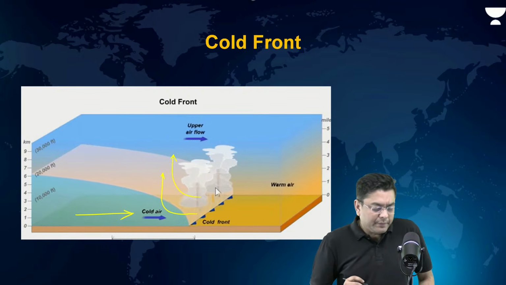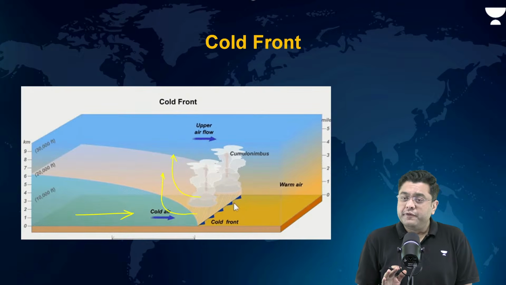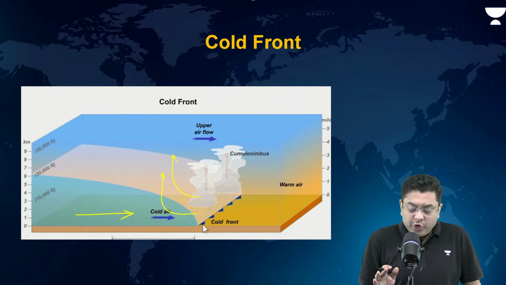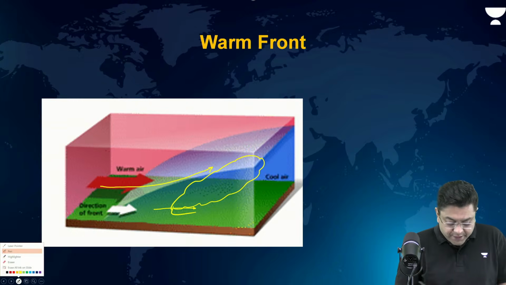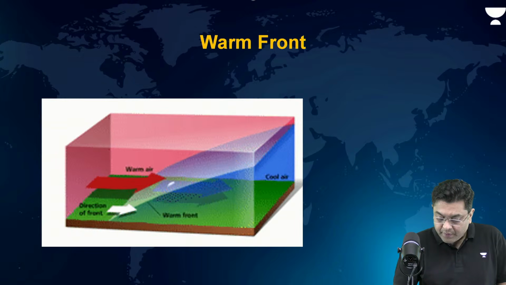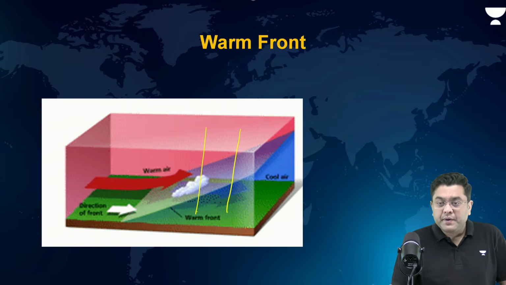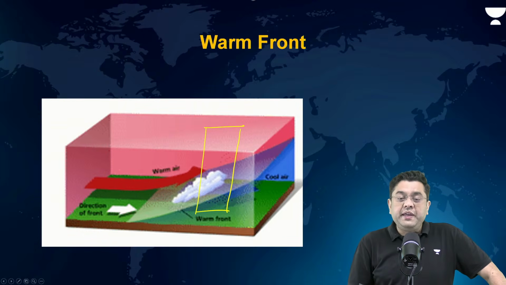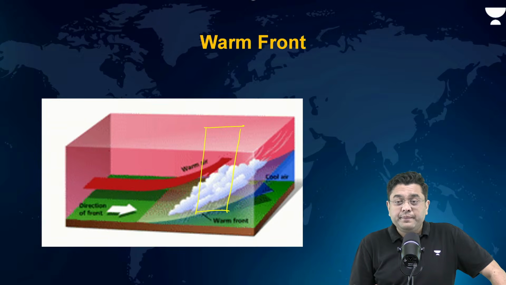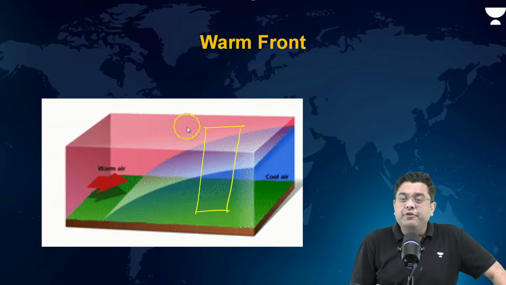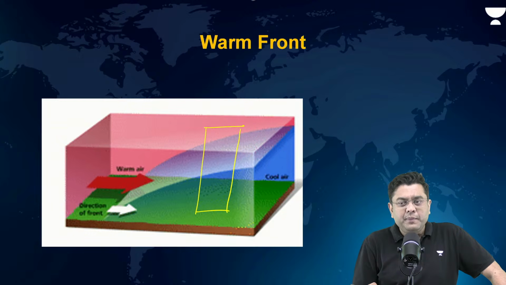Okay. Now, this is the case of a cold front. So, what do you observe, by the way, if I talk about this region? Can I say this is a region which experiences temperature inversion? Can I say so? Because at the bottom you have cold air and at the top you have warmer air. I can say so.